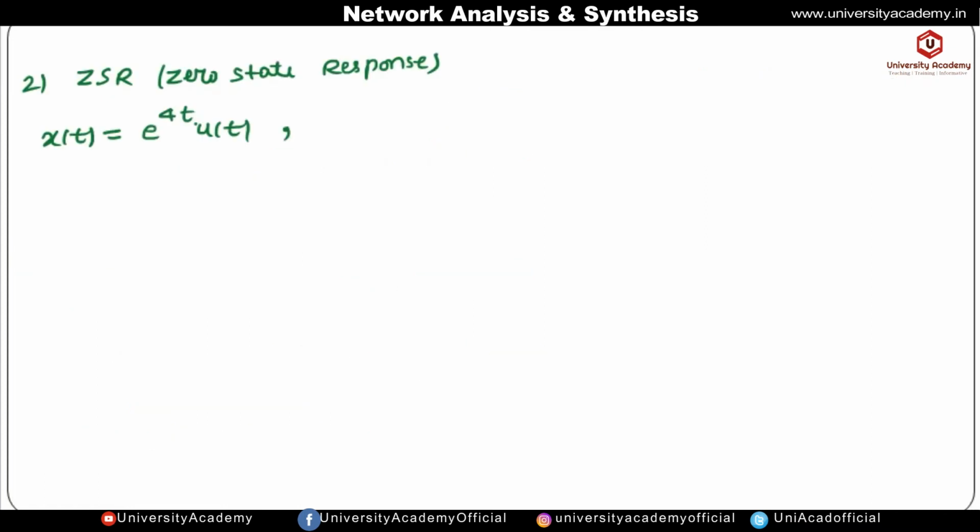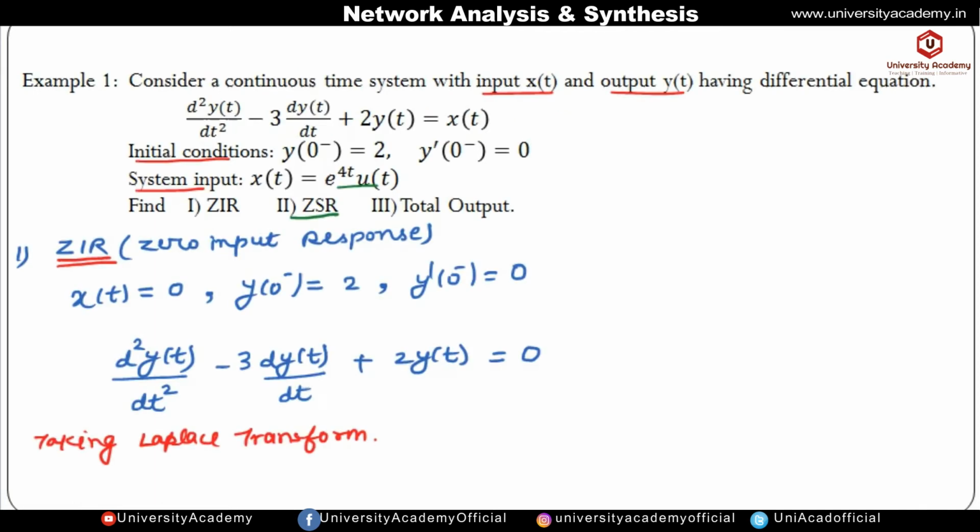Okay, so let us write. So y of 0 negative, which is initial conditions, उसकी value 0 होगी. Similarly y dash of 0 negative value will also be 0. So इन equations को solve करेंगे, that is we will be using to get the output, and that output will be known as zero state response. Okay, so now the differential equation will be d square y of t by dt square minus of 3 dy of t by dt plus 2 into y of t.